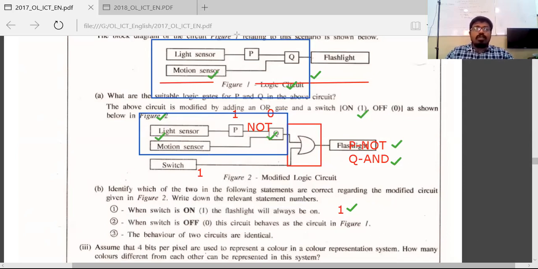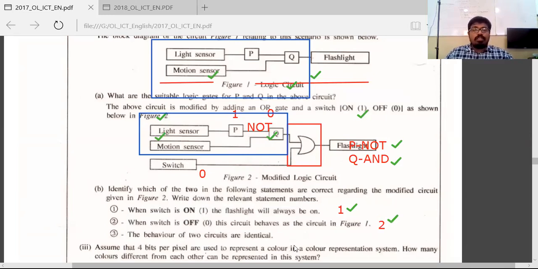The switch is 0, which means the output of this blue colored box will decide whether the flashlight is on or off. So statement 2 also is true.